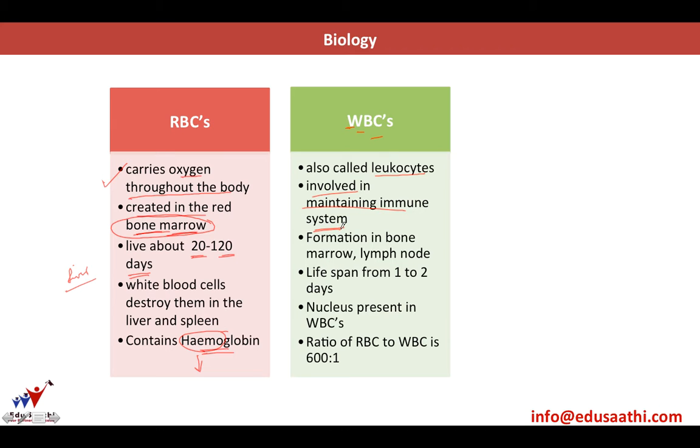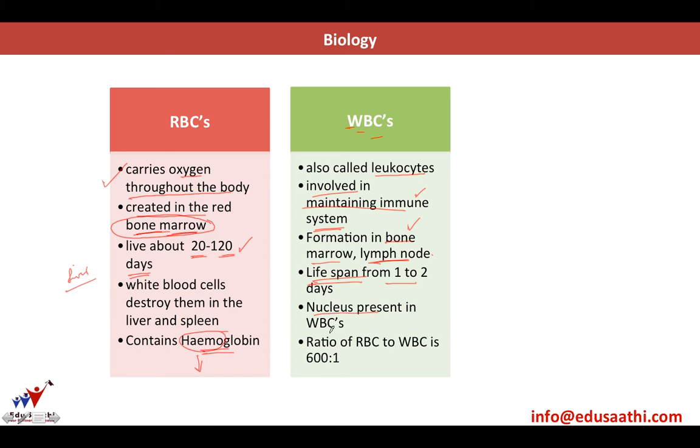Their formation takes place in the bone marrow, the lymph nodes, and sometimes in the liver and the spleen, and they are very important for maintaining the immune system of the body. Their lifespan is very low compared to RBCs. They only live for 1 to 2 days.